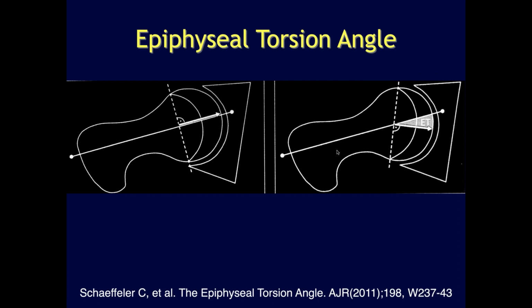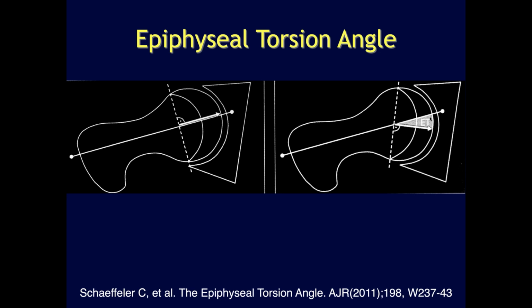But if you do want to make a measurement, it's called the torsion angle. And here, if you put a line along the long axis right through the middle of the neck of the proximal femur, and then you also draw a line bisecting the epiphysis, they really should be collinear.